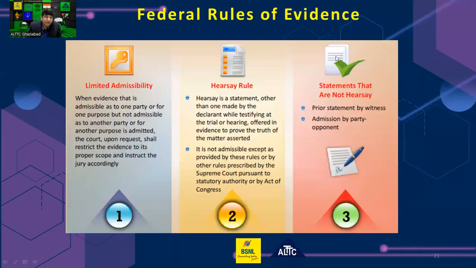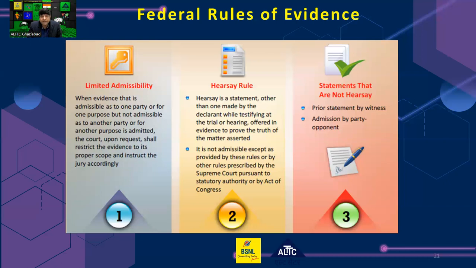Limited admissibility: when evidence that is admissible as to one party or for one purpose, but not admissible as to another party or for another purpose, is admitted, the court, upon request, shall restrict the evidence to its proper scope and instruct the jury accordingly.